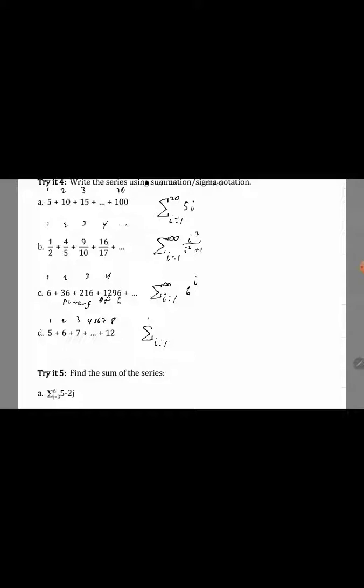And sorry, I forgot the actual placement, so sorry if you've been watching closely. You're supposed to place the top number, or your n value, on top. And this was 5i.